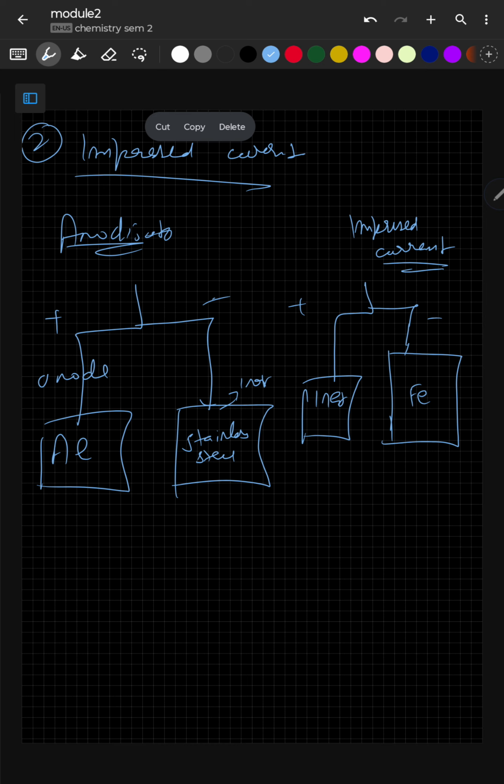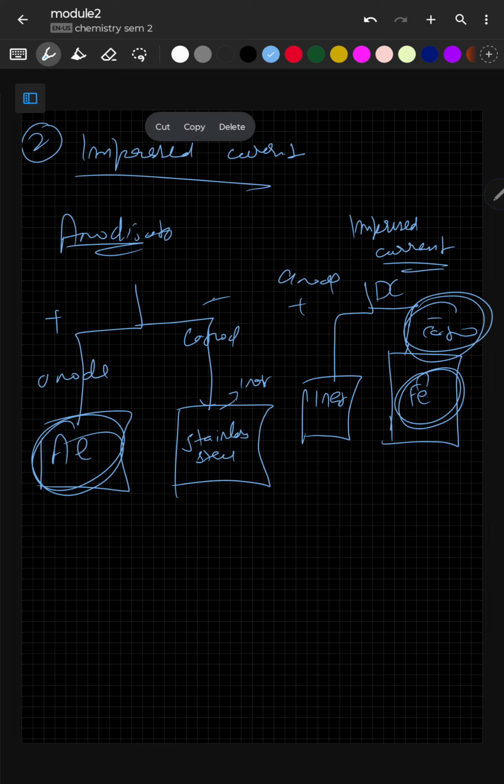That's why it's confusing. But in both, this is the anode and this is the cathode. But here the metal is given to the anode, and here the metal is given to the cathode, because the cathode will be protected here. So now what is going to happen is that a DC supply is given. That is going to supply multiple continuous supplies of electrons to the cathode.